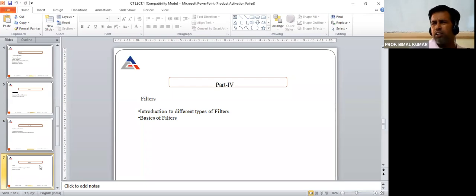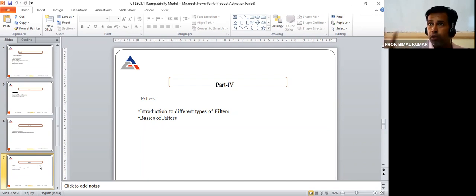So there are different applications of the filter. Like in the present scenario, we have FM radio. In FM radio, generally you are listening to 94.3 My FM.